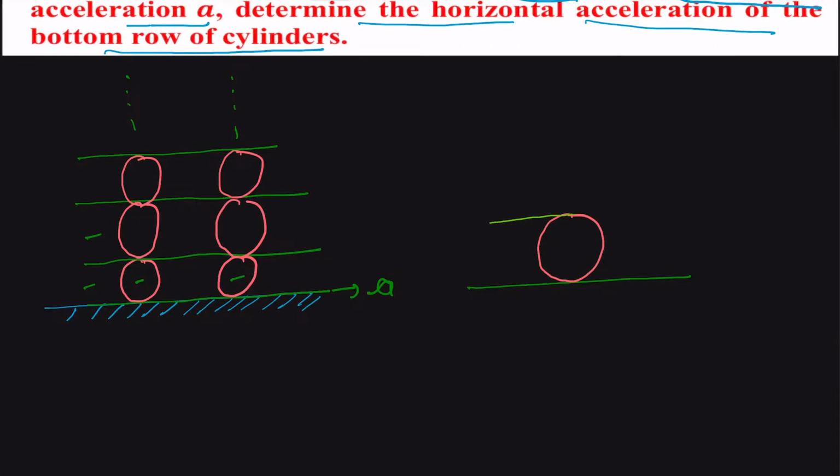So this is our bottommost plank, and we are going to combine these two cylinders to form only one cylinder, and above this we have another plank, and then another cylinder, and another plank. We are going to consider only these two.